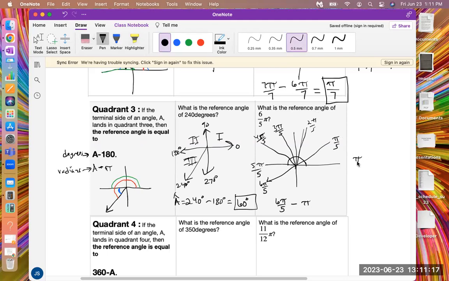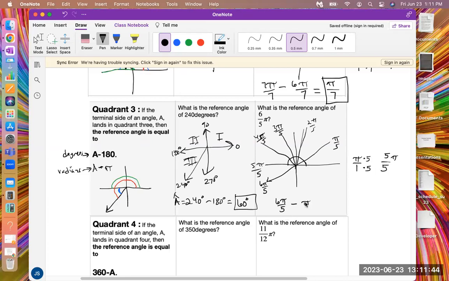If I have pi and I want to rewrite it with a denominator of 5, I can put pi over 1, and the denominator I want is 5. What do I have to multiply 1 by to get 5? Well, 5, so I have to multiply the denominator by 5. That means I have to multiply the numerator by 5, and so 5 pi over 5 is equal to pi.